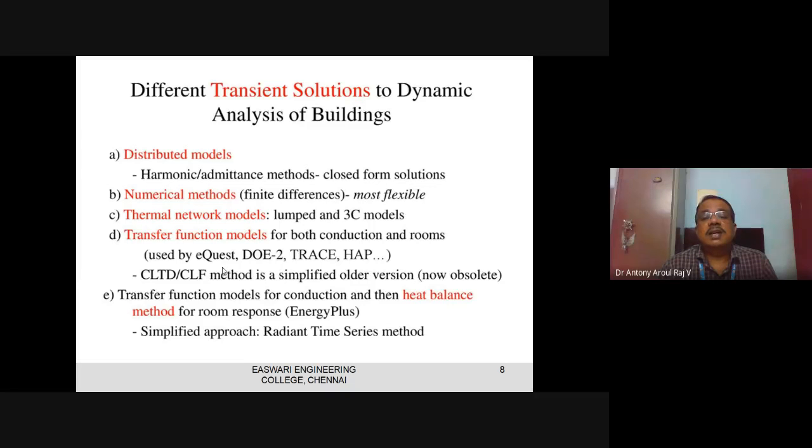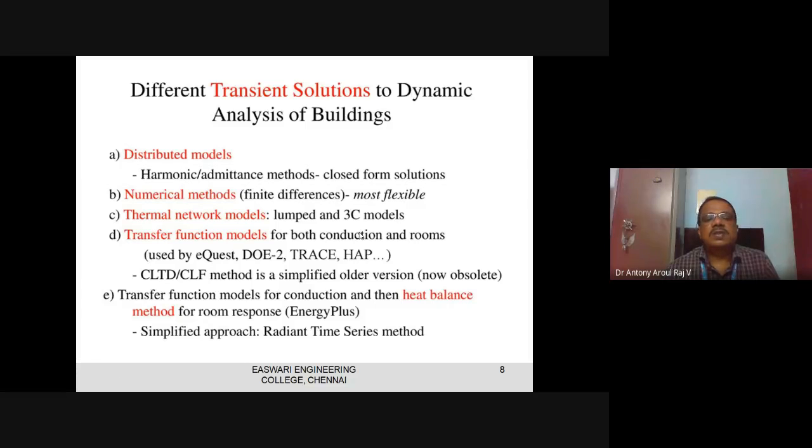Transfer function models are used by solvers like Hourly Analysis Program, Carrier, TRACE, DOE, eQUEST. CLTD and CLF methods are older versions. Now this is used, and the finite difference method is also used. Both options are available.